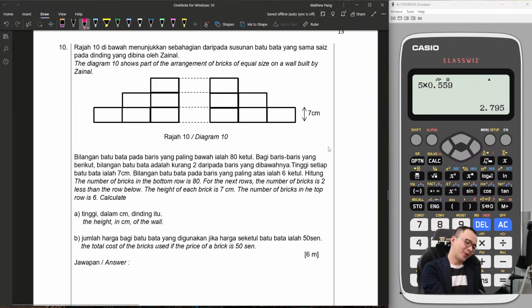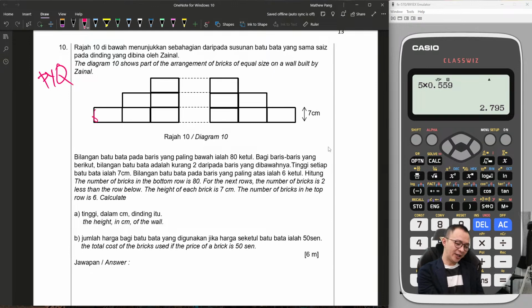Okay, this is one of the past year questions. If you do a lot of past year questions, you will definitely have seen this before. Diagram 10 shows a part of the arrangement of bricks of equal size on a wall built by Zaina. The number of bricks in the bottom row is 80.